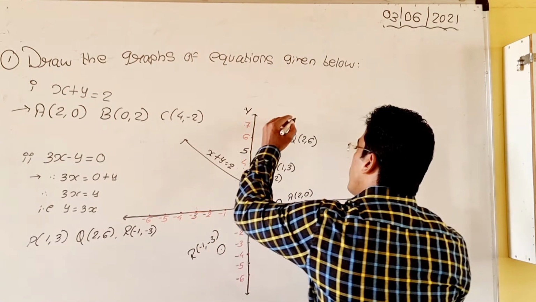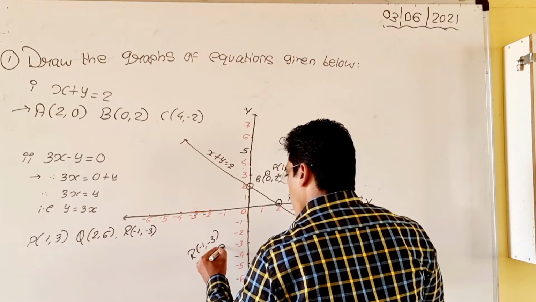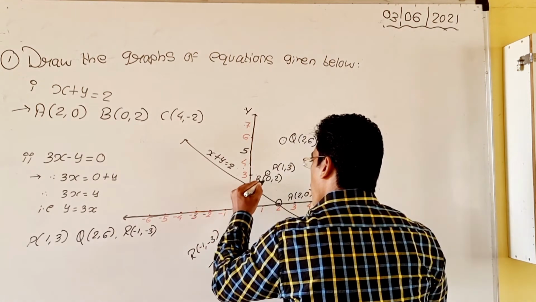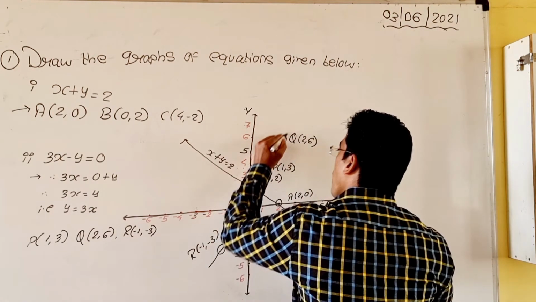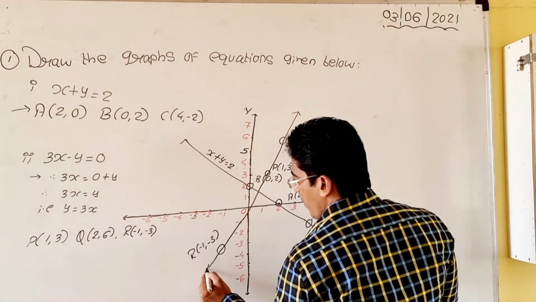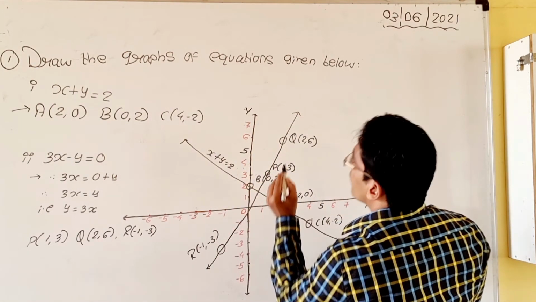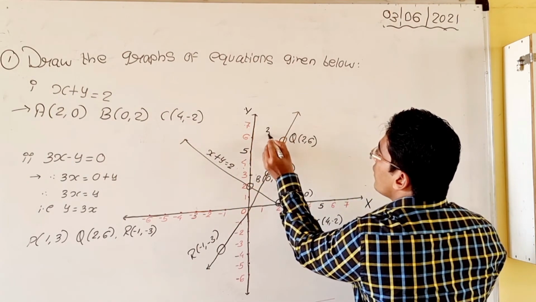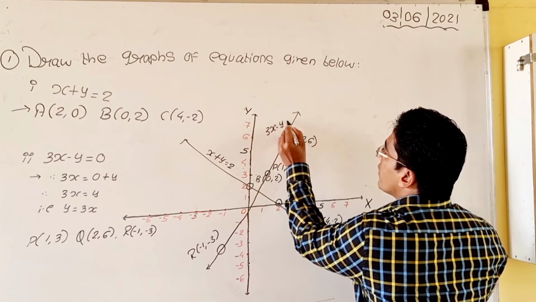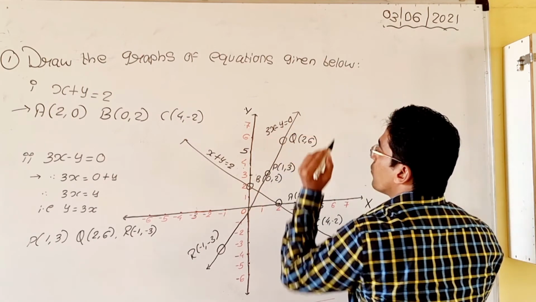Now just join these 3 points. This is the graph of the equation 3x minus y is equal to 0.